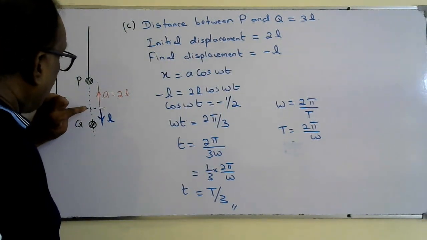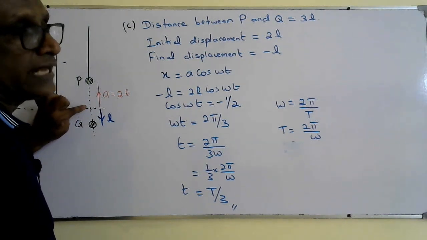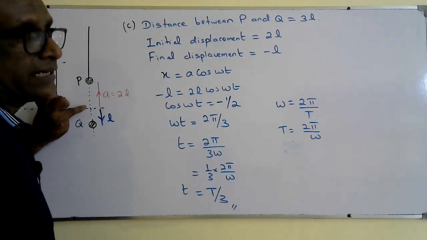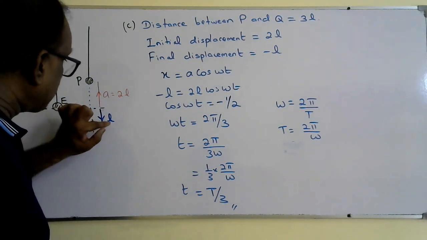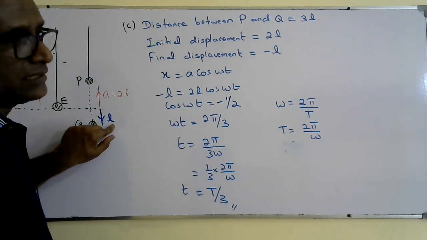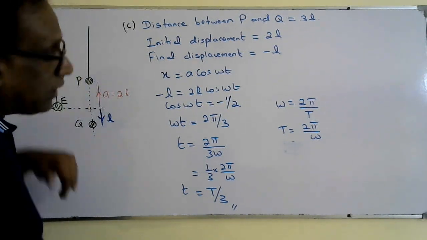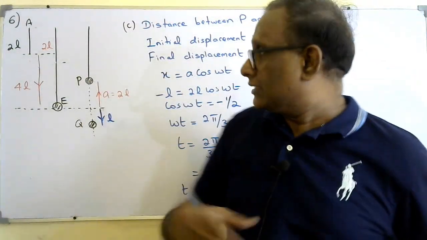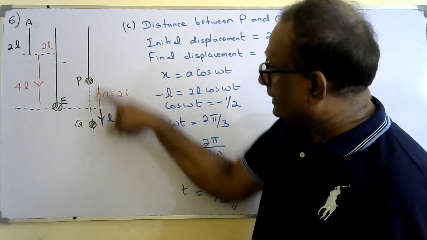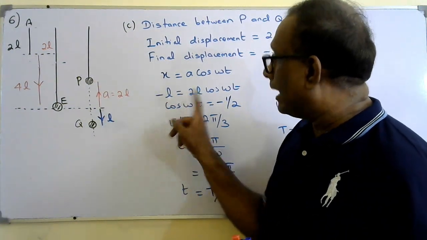Then from the equilibrium position to this position, you can put x equals a sin omega t, substituting x as L. Just put L, don't put minus L, because minus L we put when the motion happens continuously from one side to the other side. When we consider that motion, we have to put minus L and amplitude L.